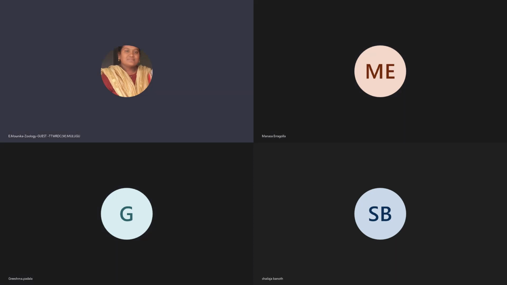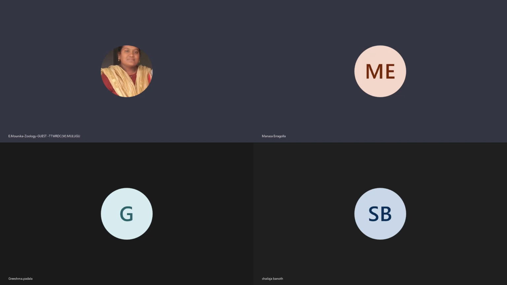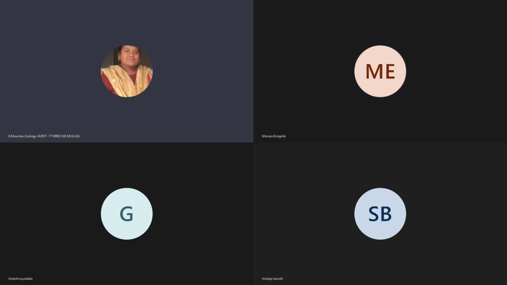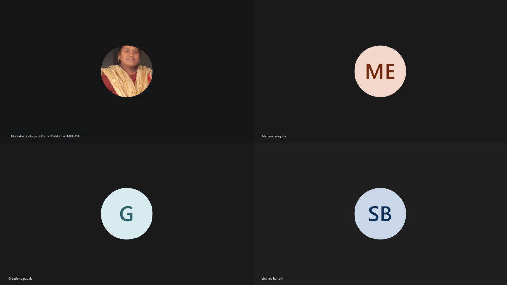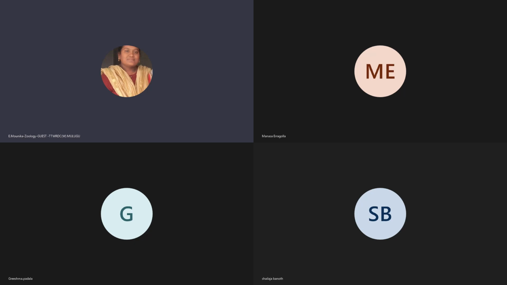And MHC3 molecule and MHC4 molecule. The MHC3 molecules include the complements like C2 and C4 and BF, means factor B. And the class 4 molecules are present in the T cells of leukemia as well as immature thymocytes.